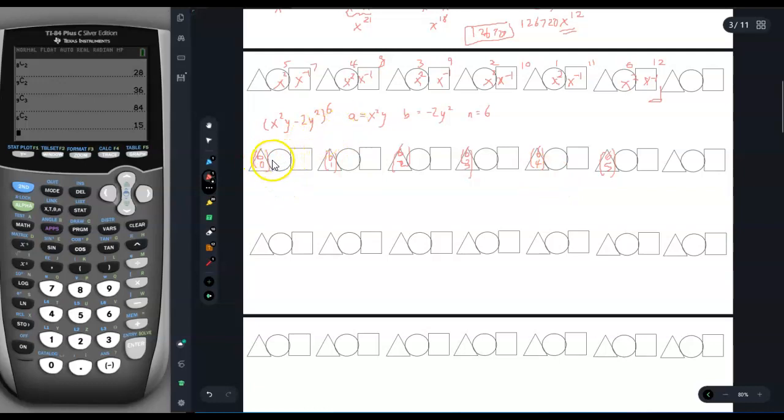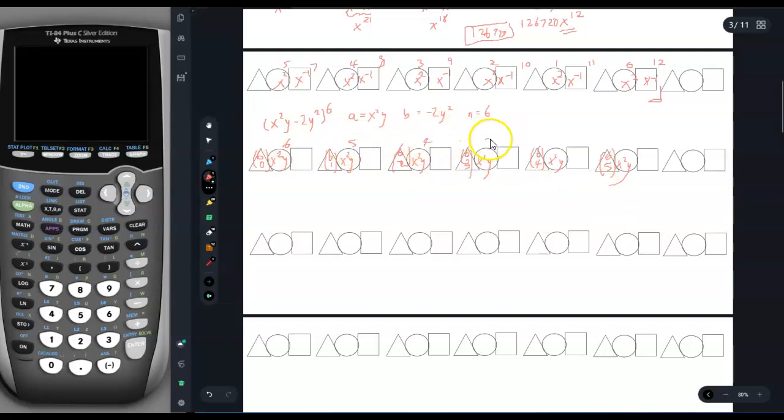Now let's put the a values in, and we're only going to pay attention to the variables. In the a value case, they're both variables, so we'll write them both down, x squared y in each one of the circles, which represent parentheses. And then we'll put exponents. So we'll start with 6 and count down from there.